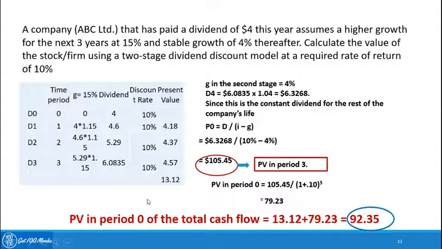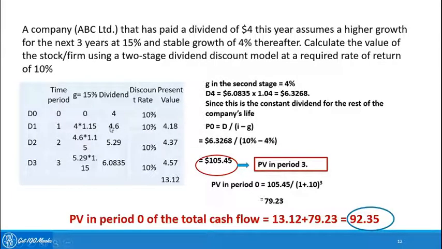So in the solution, we first calculated the dividend for the first 3 years, which was 4.6, 5.29, and 6.0835. These dividends have been discounted at 10% to arrive at the present value of these dividends in year 0.